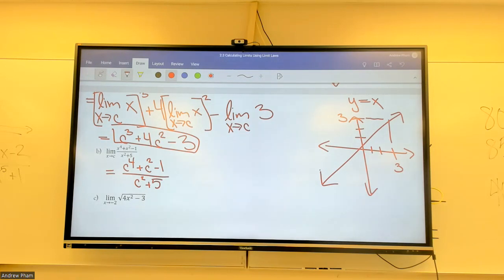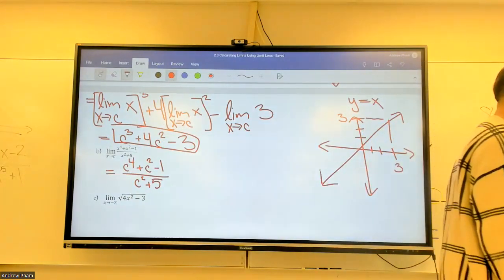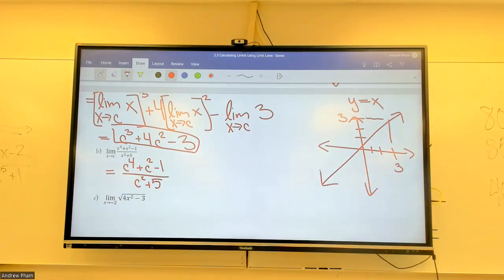So using what y'all know from parts A and B, I claim that y'all can do part C. This one's the limit as x goes to -2 of the square root of 4x squared minus 3. Using the exact same concept from the earlier two.